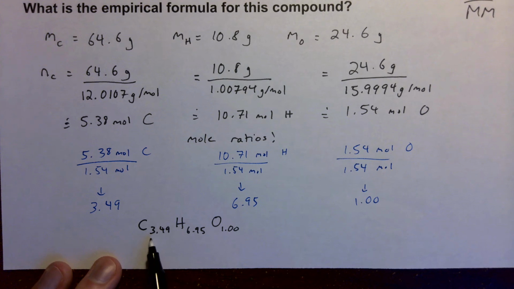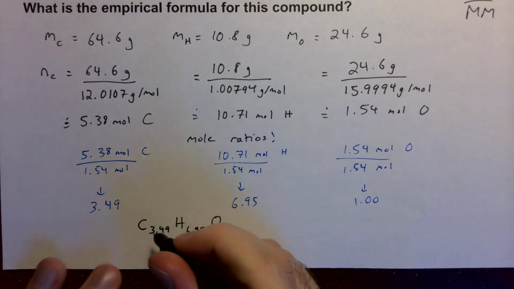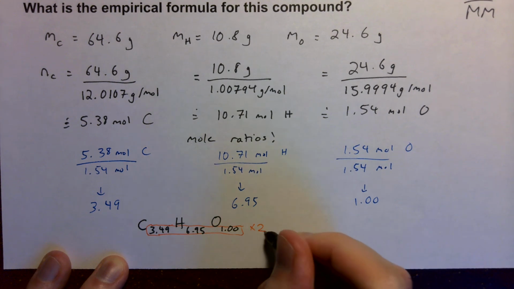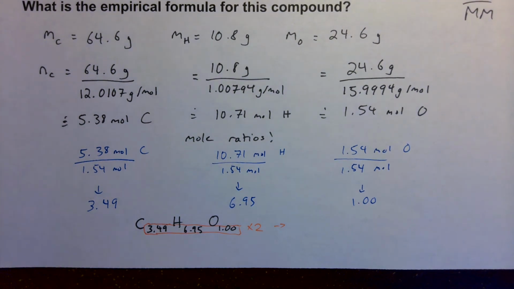So we see here that there's a 3.49 and this is a 6.95, so it's easier to bring this term to a whole number simply by multiplying by 2. So that's exactly what we're going to do. We're going to take all of those numbers, multiply them by 2.